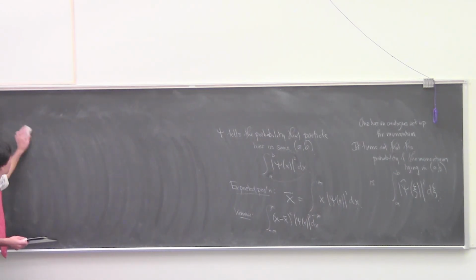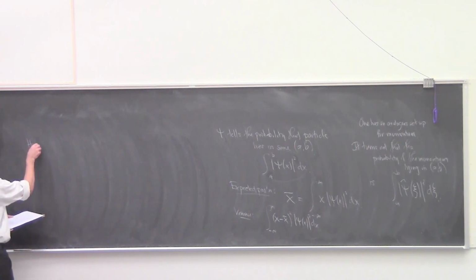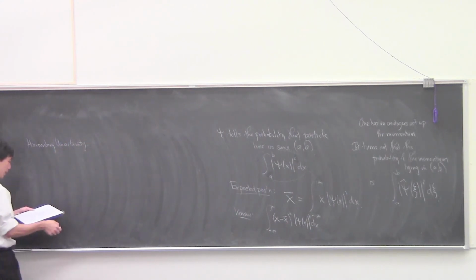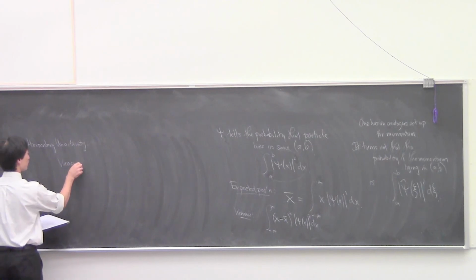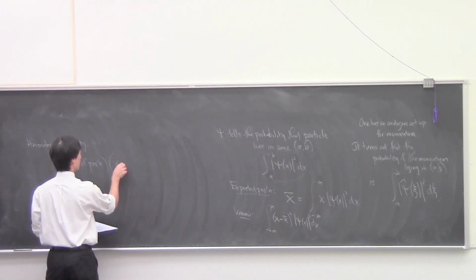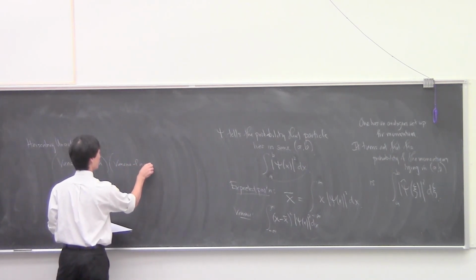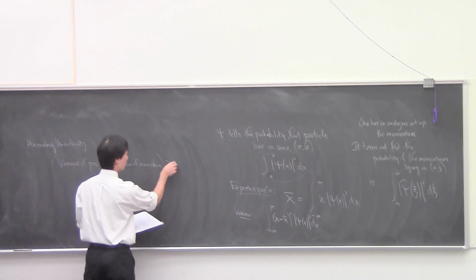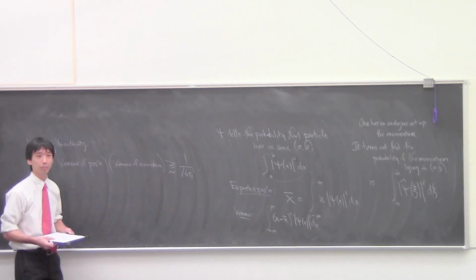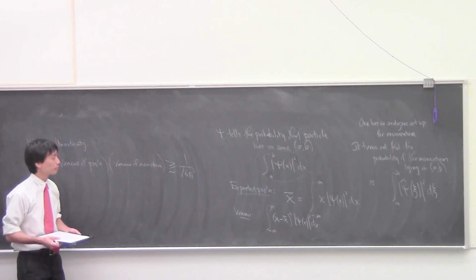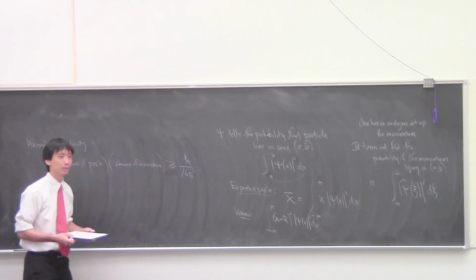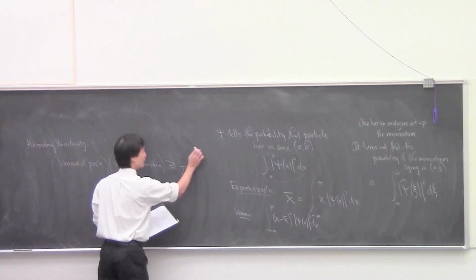So here's the Heisenberg uncertainty principle: the variance of the position times the variance of the momentum cannot be arbitrarily small. It's bounded below by some constant. The constant involves Planck's constant, which I don't know.